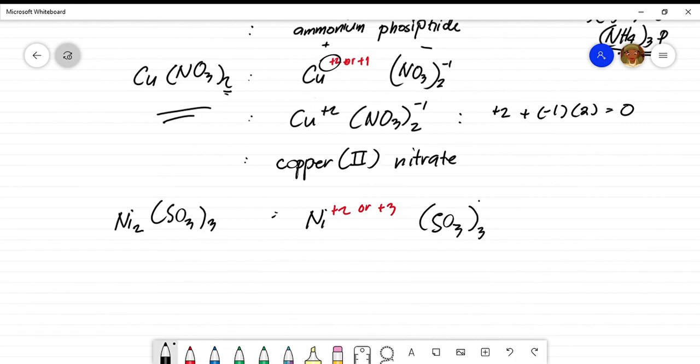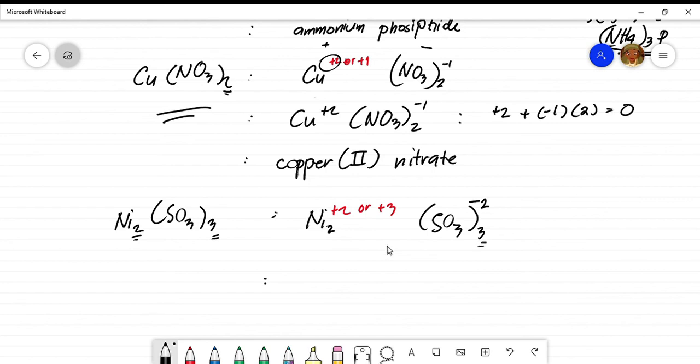The superscript is -2. So what do you think is appropriate here? Let's choose. I forgot to put the subscript 2 here, so we have 2, 3, 2.